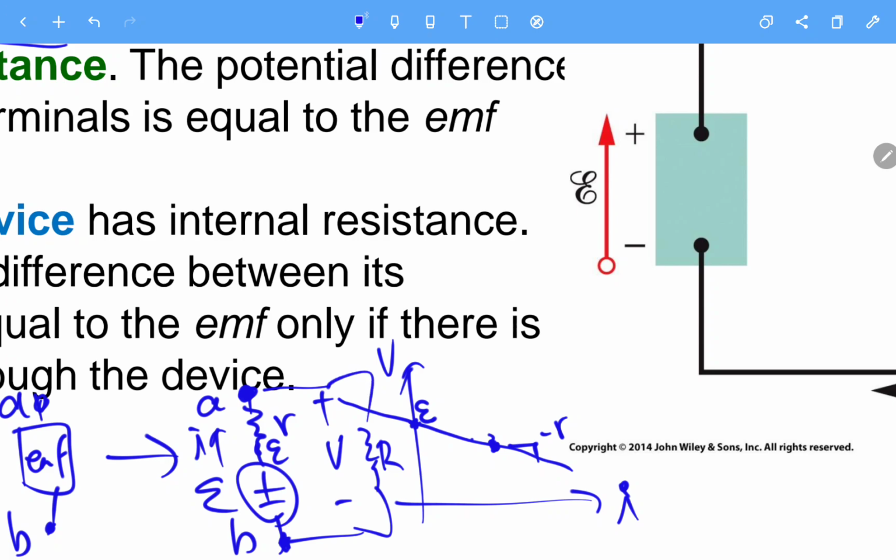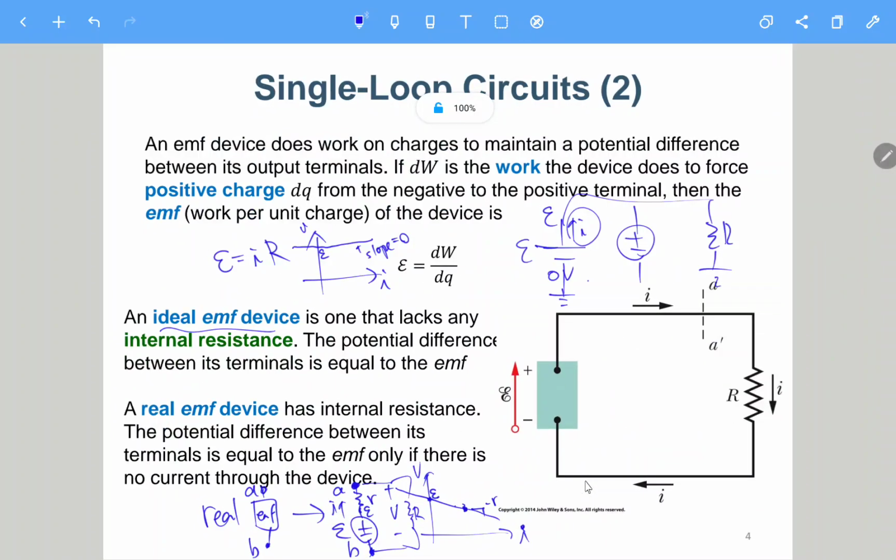If there is absolutely low current, there will be no voltage drop. But if R is small, then the current is large, and there will be a large current going through this R, so there will be a large voltage drop here. So it turns out to be like this. So this is the ideal and real EMF device.